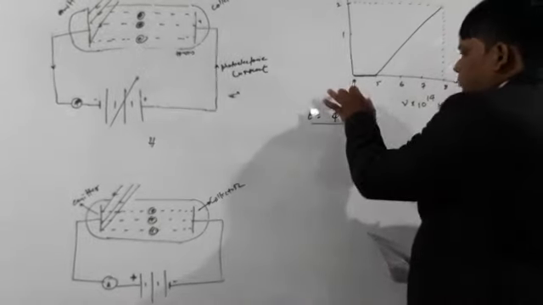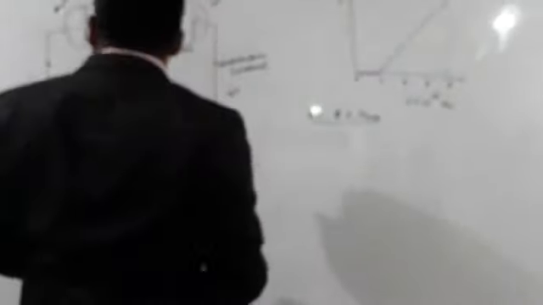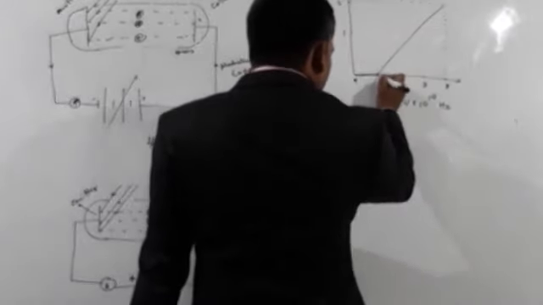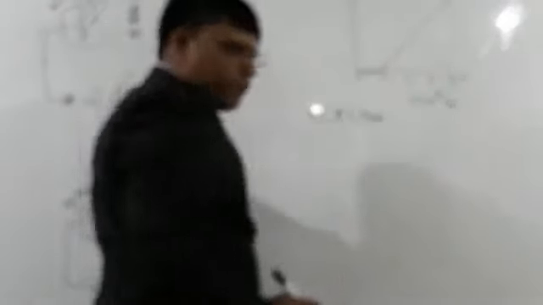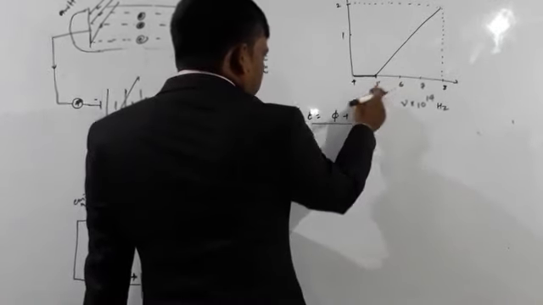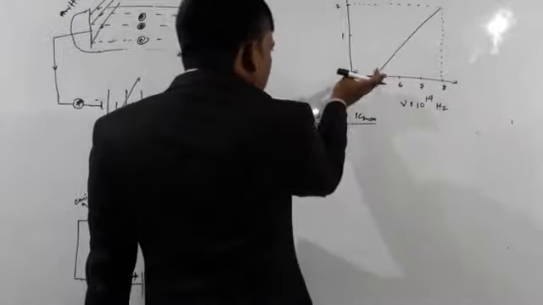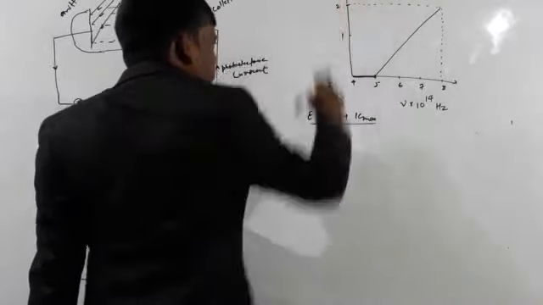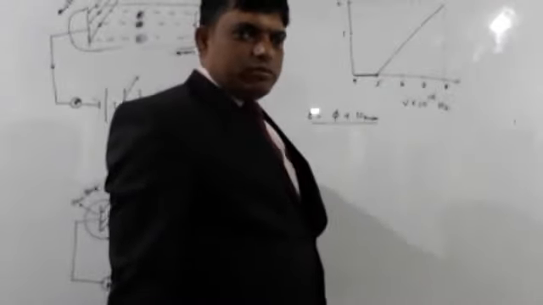It means that no electrons are being ejected from the emitter. This is the value of the threshold frequency, because if the frequency increases from 5 into 10 to the power 14 hertz, then the electrons are ejected from the emitter, and so stopping potential is required to stop the electrons from falling on the collector.